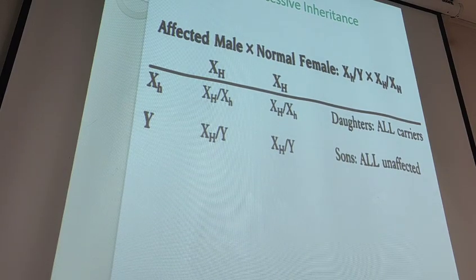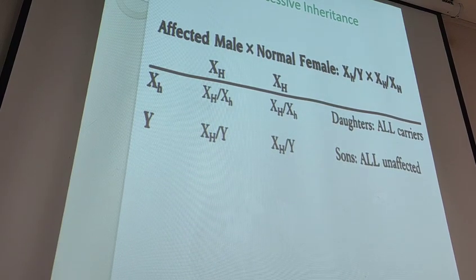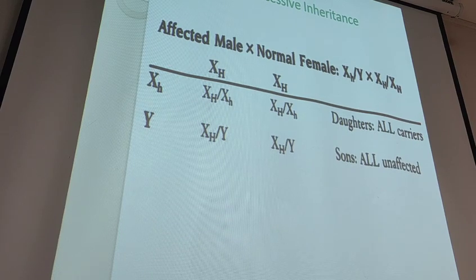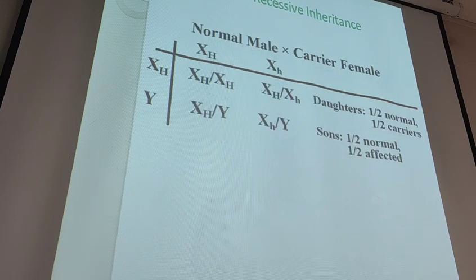So all daughters will be carriers, and they will not have any affected son because usually the father does not transmit the X chromosome to his son. So all sons are unaffected.